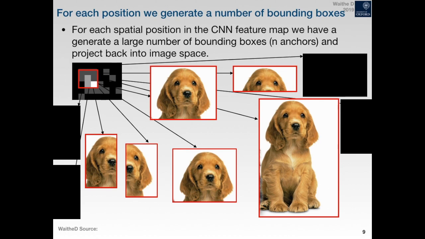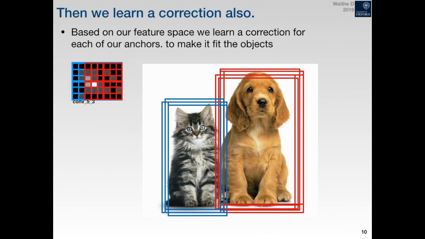Every bit of this feature will predict in its local environment where objects are, and then you classify what's in those objects, and then you do a kind of non-maximum suppression just to get one bounding box around each object. This allows you to potentially, for example, recognize a cat next to a dog and have a nice box that frames it. So it's very powerful, and it's very quick as well.